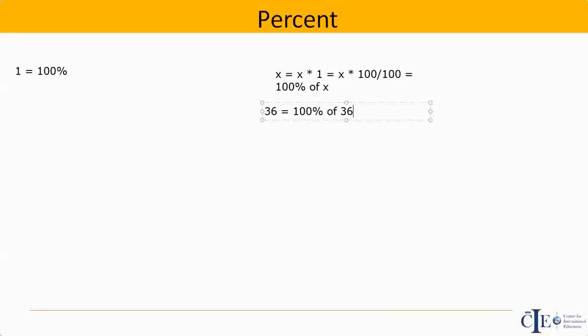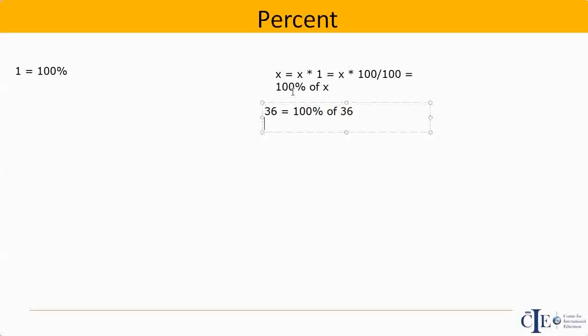Now when we say increase a value by a certain percent, let's say increase 36 by 25%, or decrease it by 20%, basically these are the values we will be adding or subtracting to the 100%. Increase 36 by 25% means I have to add 25% of 36 to 36.